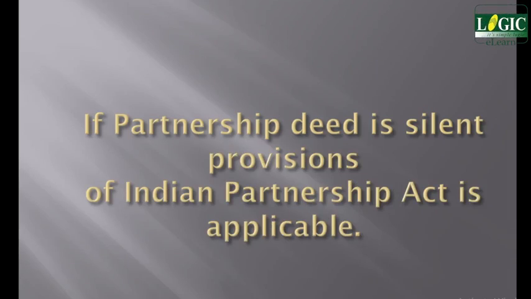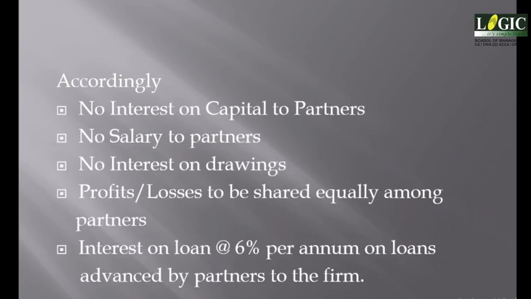If the partnership deed is silent, you will have to apply the provisions of the Indian Partnership Act. Accordingly: no interest on capital, no salary payable to partners, no interest on drawings receivable from partners, profits or losses to be shared equally, interest on loan at the rate of 6% per annum on loans advanced by partners to the firm.